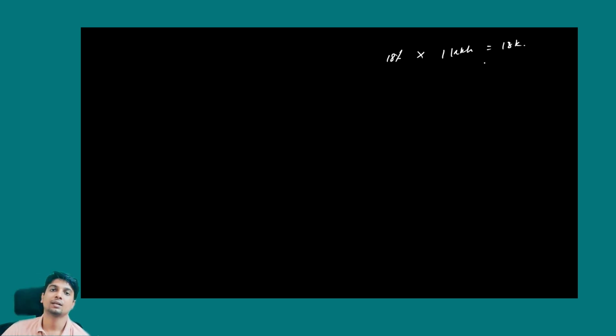But my net operating profit after tax is 20,000. So that means I am generating more than the required return. So what is this excess return? It is 2k. This excess return is called economic value added, that is EVA.